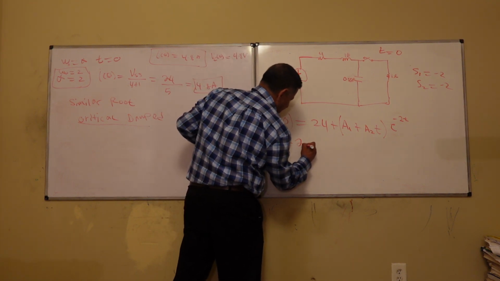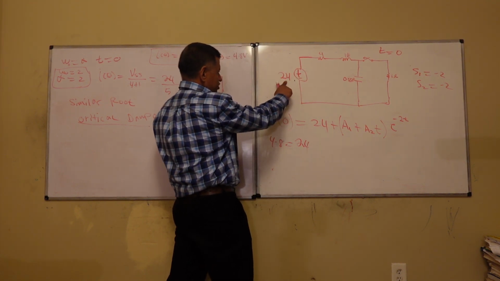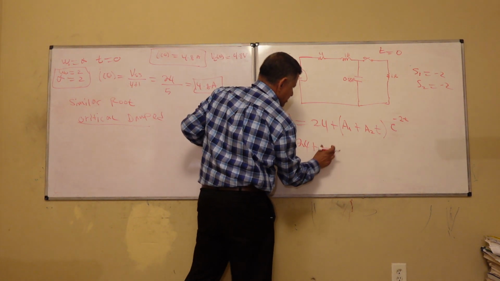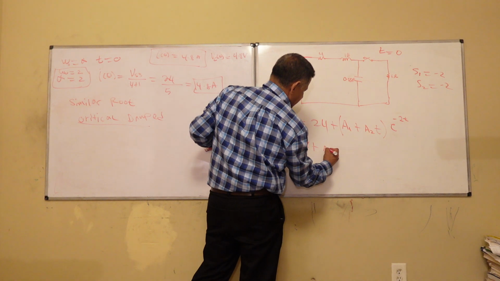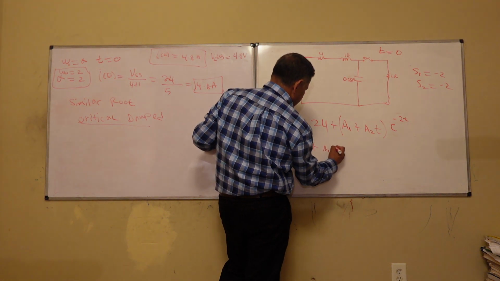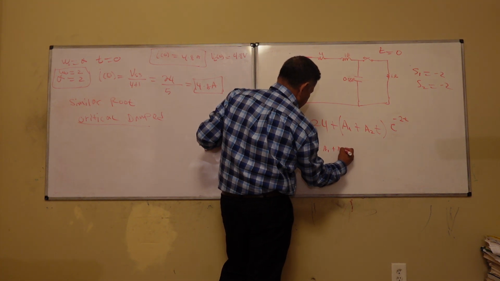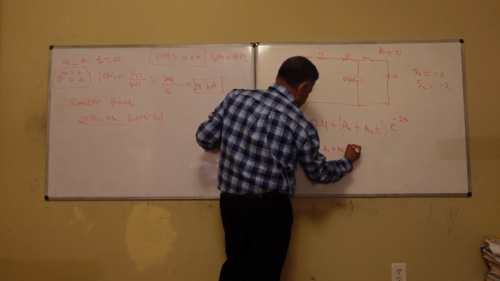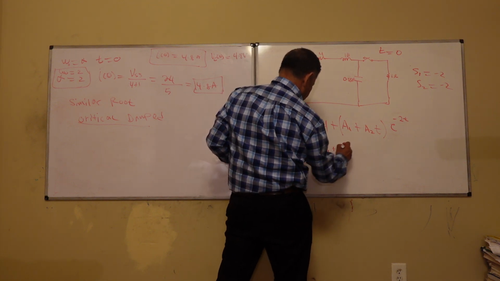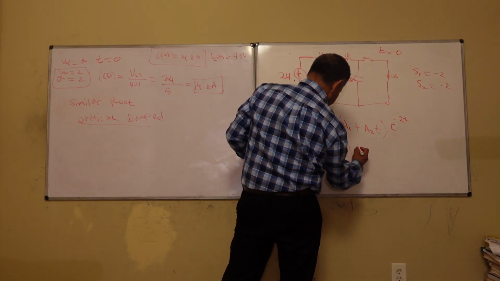Now what we do is, 4.8 is equal to what? It's equal to 24, the initial voltage, the steady state voltage, plus A1 plus A2 t e to the -2t.